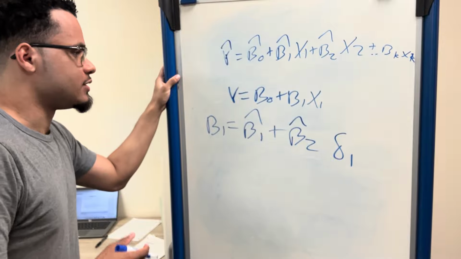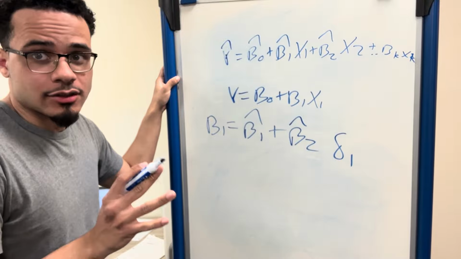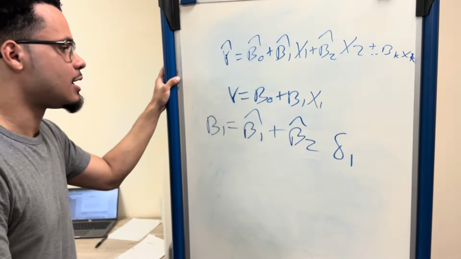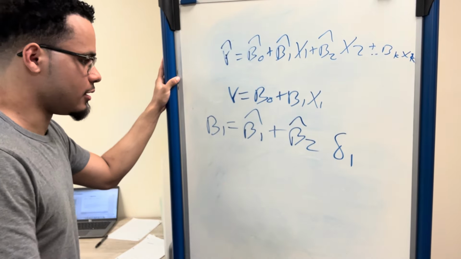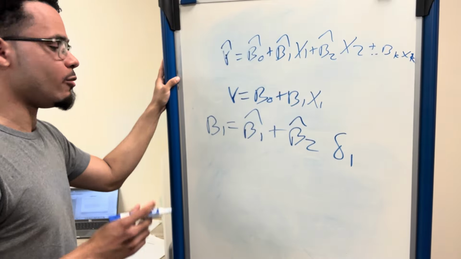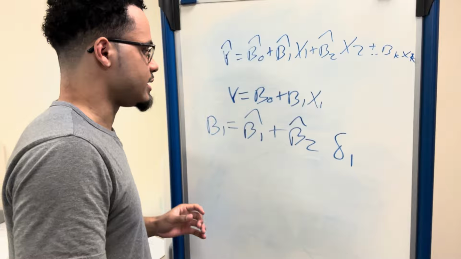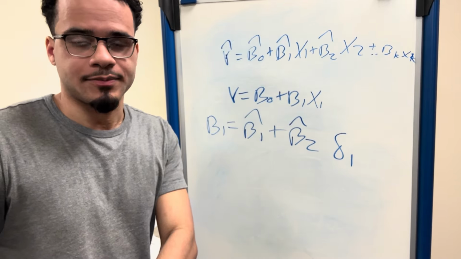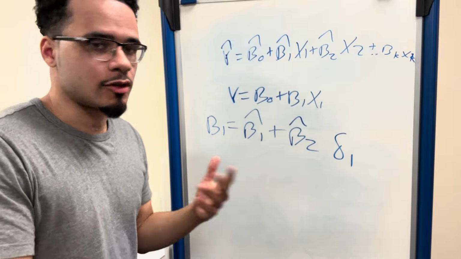Essentially what I mean by that is, are there any factors omitted from the model, that aren't accounted for, that affect our dependent variable or potentially other explanatory variables? The way we check for that is we compare the relationship between our explanatory variable and another explanatory variable, because there are multiple explanatory variables.